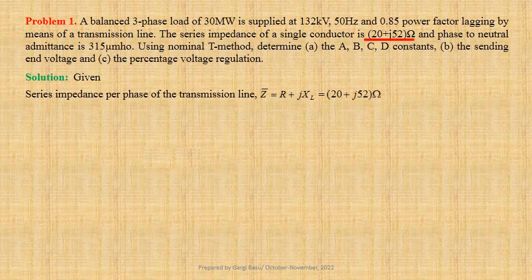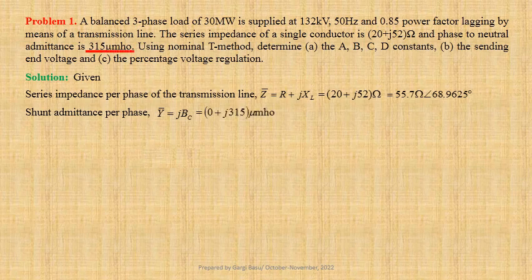This may be written in polar form as 55.7 ohm at an angle 68.9625 degree, and shunt admittance per phase Y equals j omega C equals 0 plus j315 micromho. This may be written in polar form as 315 into 10 to the power minus 6 mho at an angle 90 degree.